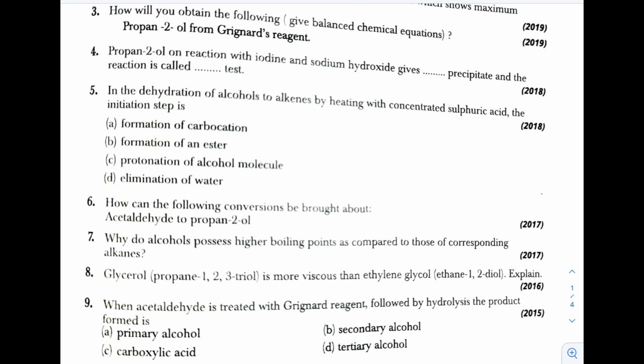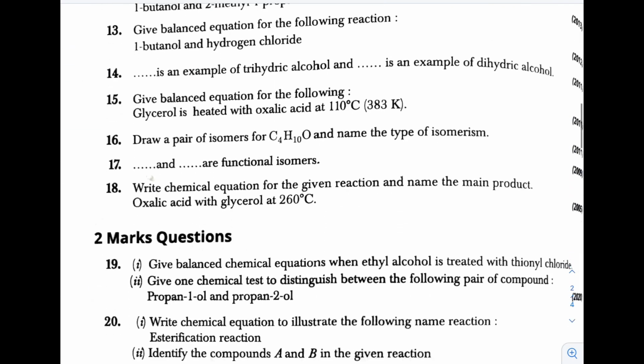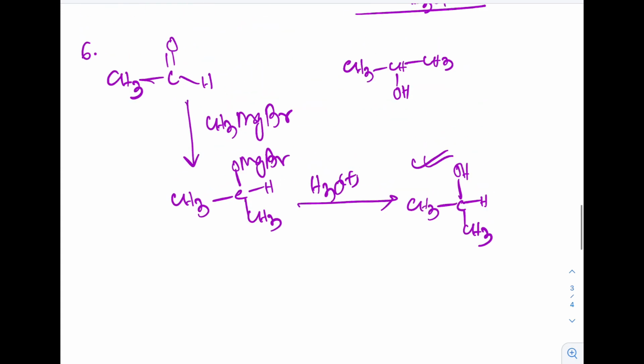Why do alcohols possess higher boiling points as compared to those of the corresponding alkanes? Alcohol, you write in this way: due to the presence of acidic H atom, it can form intermolecular H bonds.